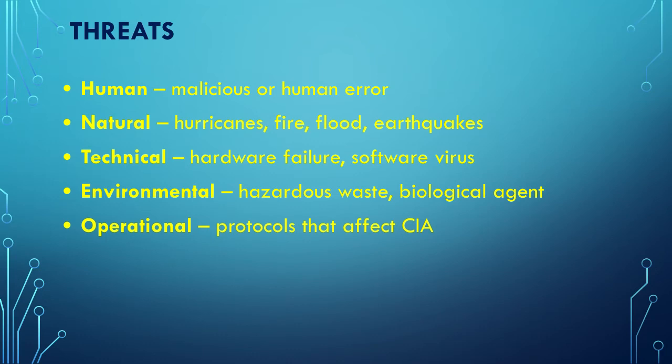Hurricanes, fire, flood, earthquakes. All of these are threats to our system and to the continuity of us being able to collect information, store information, protect information, analyze information, make information available when necessary, protecting the integrity of information.